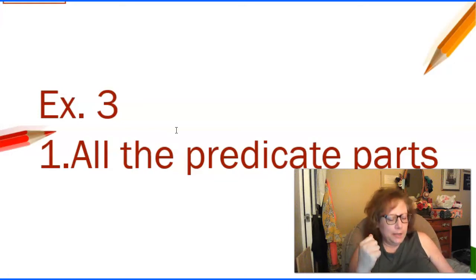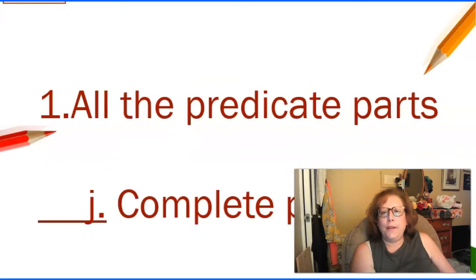So as we look down our list, we want to find something that might work with that. And I believe that if we go all the way down to J, we're going to find the right answer, the complete predicate. So in number 1, you want to put J. And now from now on, if you see this definition, all the predicate parts, you know that that is J.